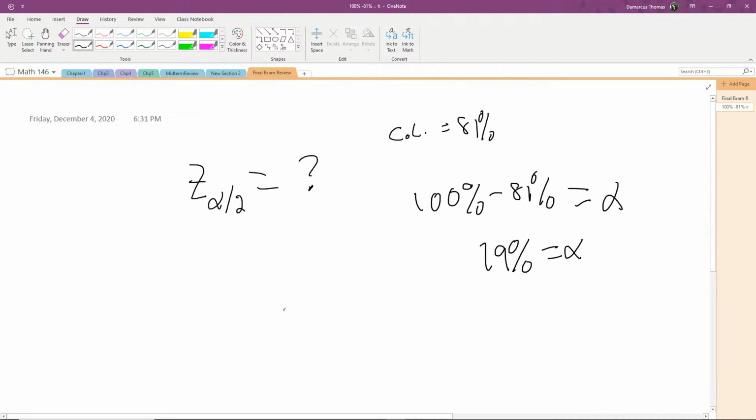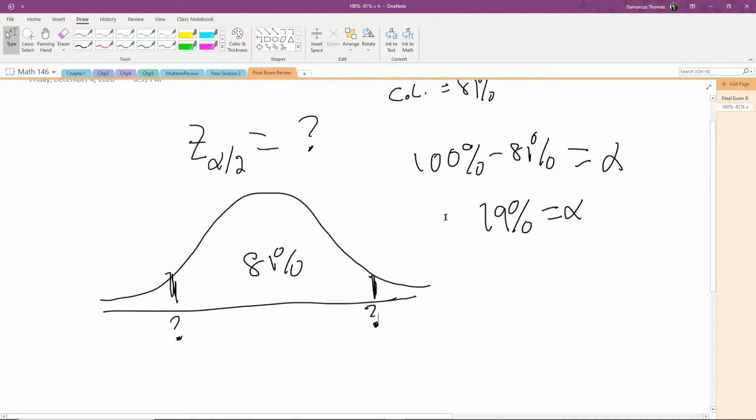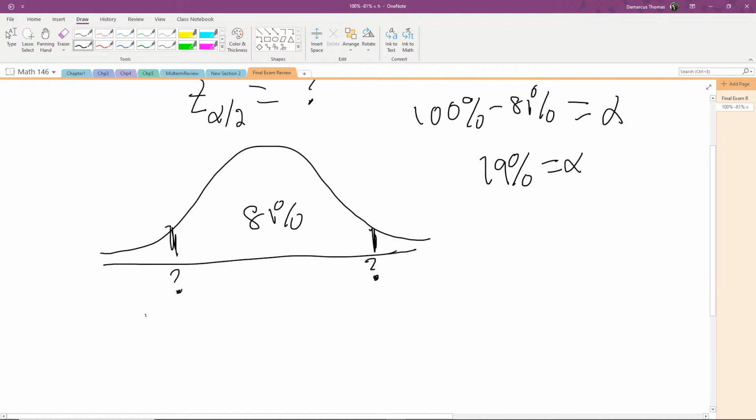Okay. And what does that mean? Now the confidence level, that's the innermost 81%. In fact, this is the negative z alpha over 2, and this is the positive z alpha over 2.